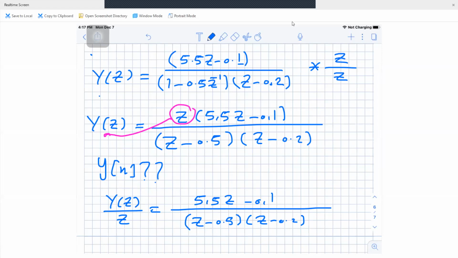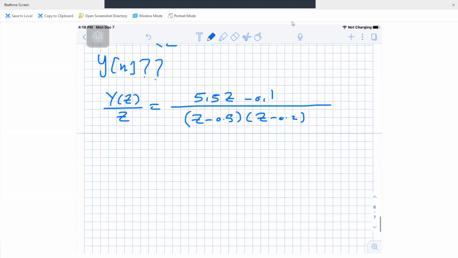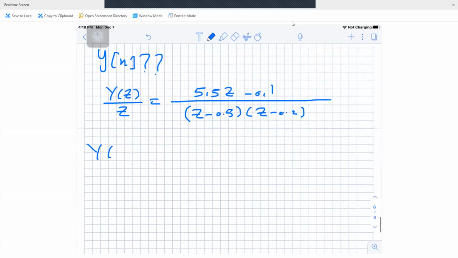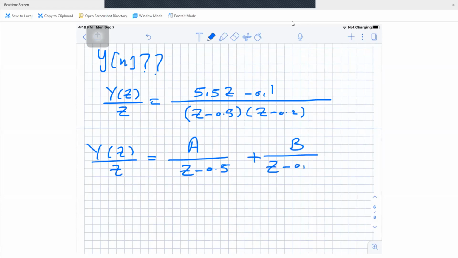So easily you can determine the partial fraction for the system. So y of z over z will be A over z minus 0.5 plus B over z minus 0.2.